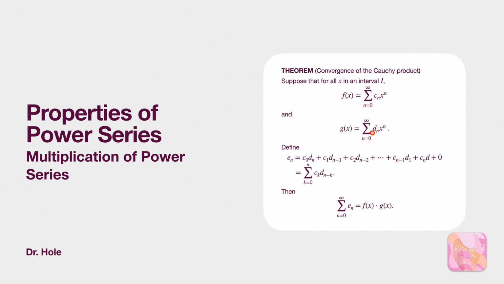Taking one power series, product with another power series is a Cauchy product. We'll assume that both the f and the g have an interval of convergence, capital I. So we want to produce a Cauchy product. A Cauchy product is the product of one power series and another power series, or f product g.